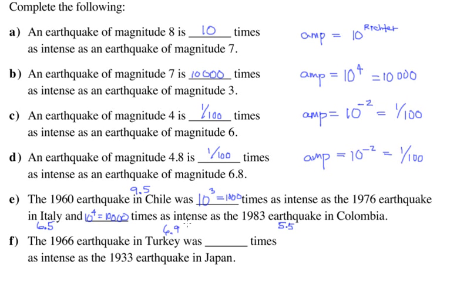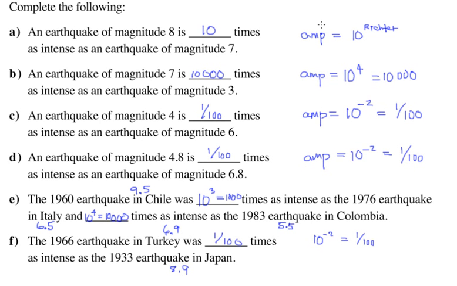And the 1933 in Japan was an 8.9. Once again, our Richter difference is -2. The Turkey earthquake was lower. So 10 to the -2 comes out to a number we've seen before, 1/100th. The 6.9 earthquake was 1/100th the amplitude of the 8.9 earthquake.